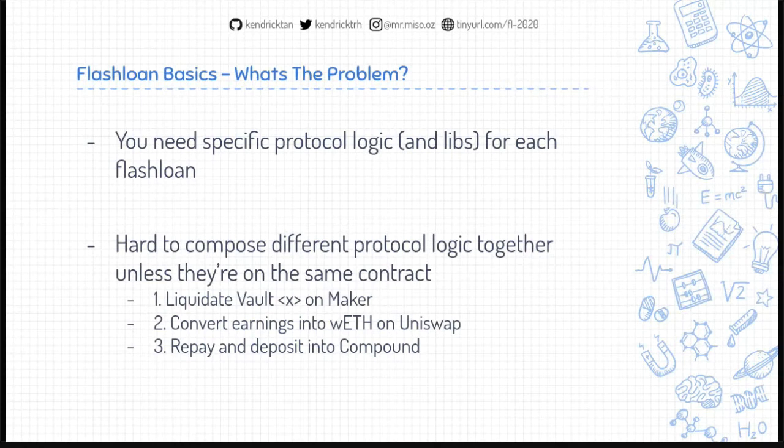So for example, if I want to get some funds from the flash loan to then use it to liquidate some vault on Maker, convert the earnings into wrapped ETH on Uniswap, and then do some kind of borrow/supply operation on Compound, I need to have the protocol logic and libraries of Maker, of Uniswap, and of Compound on the same flash loan contract.